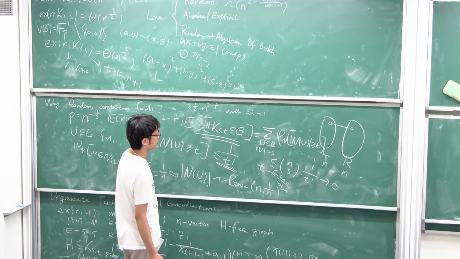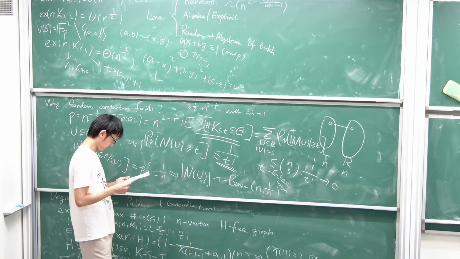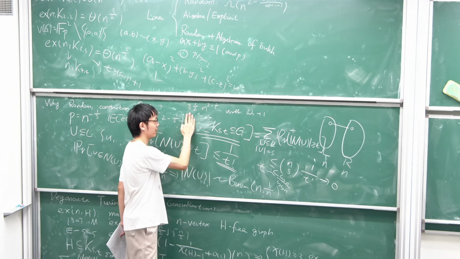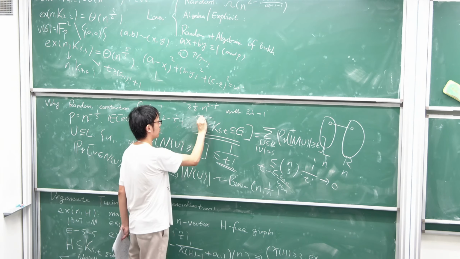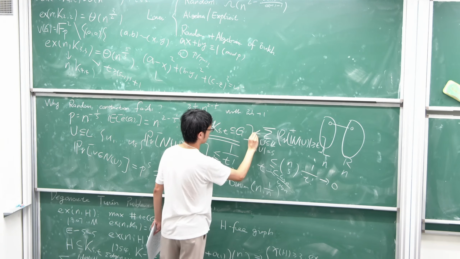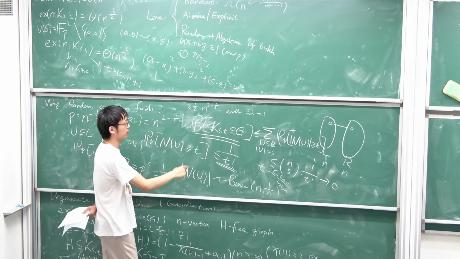So maybe it's the number of S-vertex sets that have at least t common neighbors. No, this is a probability, it's still the probability because we sum over all of this. Okay, this makes sense.